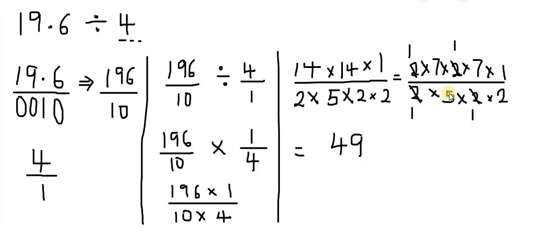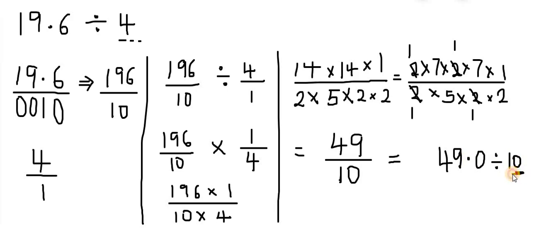At the bottom, 1 times 5, which is 5. 5 times 1, which is 5. 5 times 2, that's 10. So, to convert this back to a decimal, that's 49.0. And if you're dividing by 10, you move the point to the left.